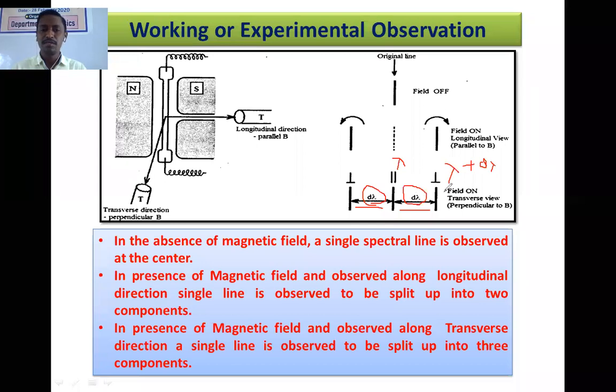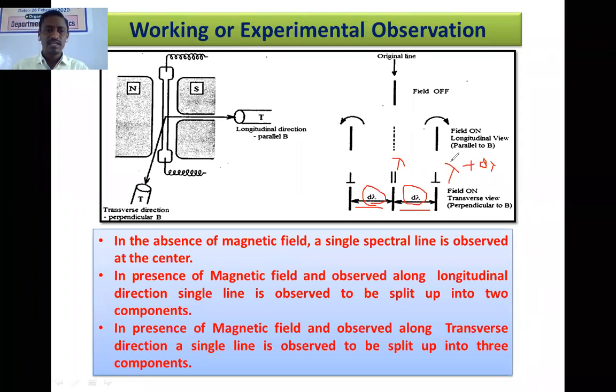This shifting of the outer spectral lines from the central component line is called the Zeeman shift. The Zeeman shift plays an important role for many purposes. By noting the value of the Zeeman shift, we can identify the nature of light.